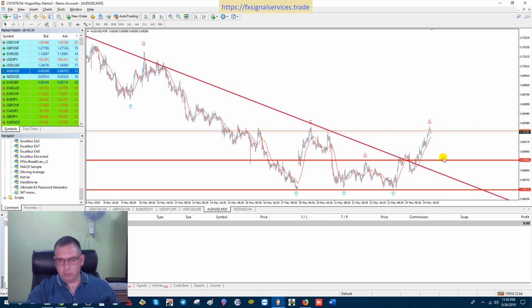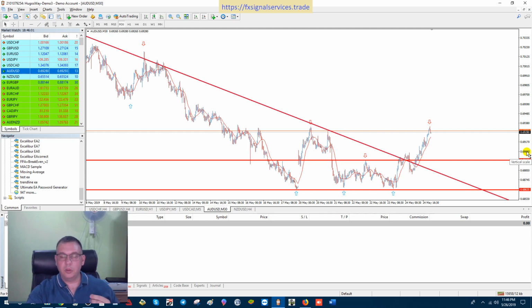So what I would probably do, knowing that the long term is going to be going up, is place a buy limit pending order somewhere right around here at 0.69000, however you want to call it, 69,000.